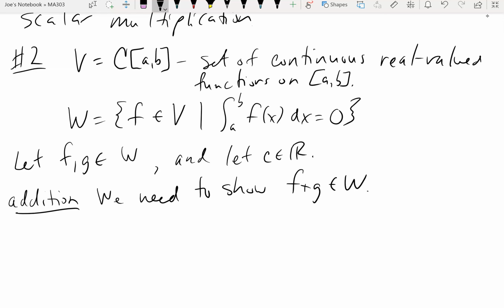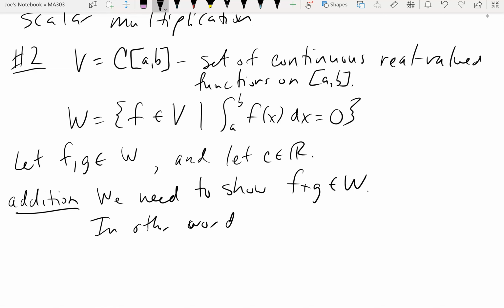Now, what's our defining characteristic for being in W? How is W defined here? Okay, so the integral of the function that we're worried about from a to b is 0, correct? So what is it we want to show if we're going to show that f plus g is in W? The integral from a to b of f plus g.